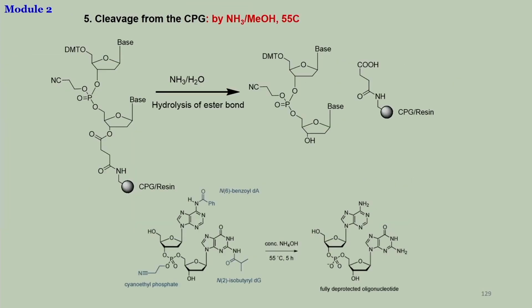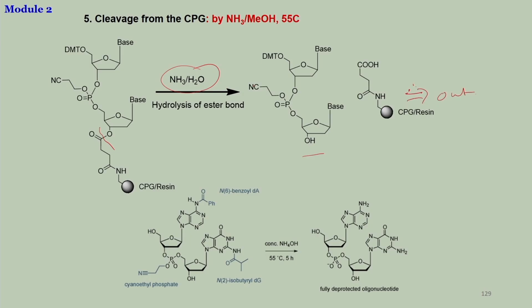Now once you complete all your synthesis, your aim is to get rid of the solid phase, because you want your DNA, not the solid. That is done by hydrolysis with ammonia water. If you hydrolyze in ammonia water, this ester bond will cleave, and that will give you a free hydroxyl group and your resin will be eliminated.